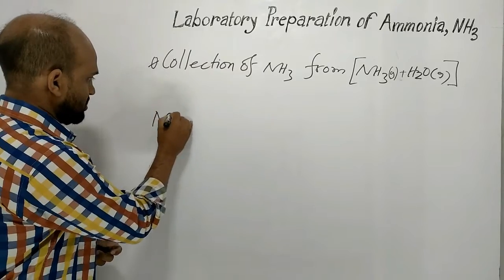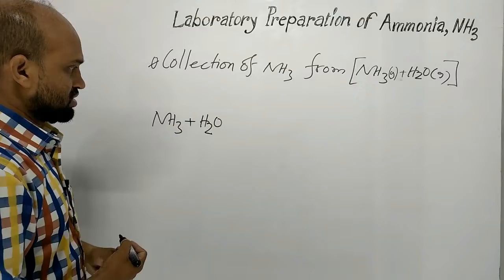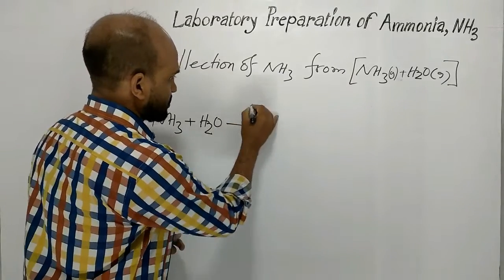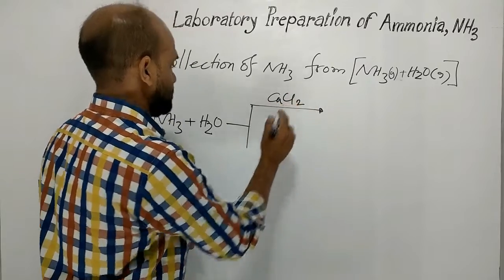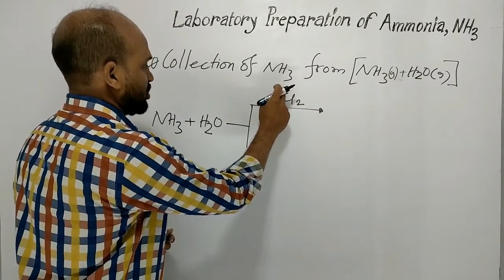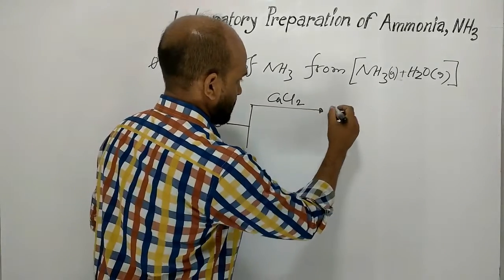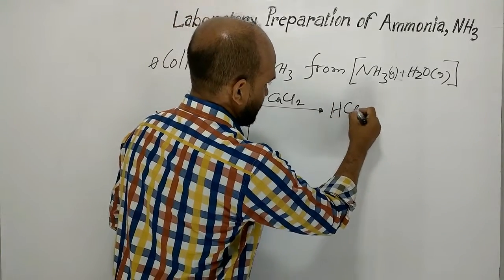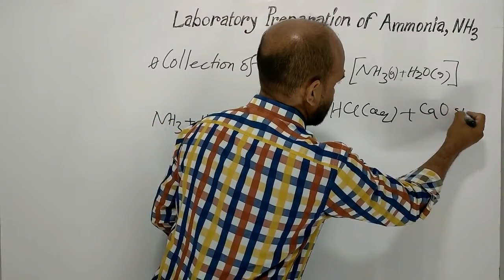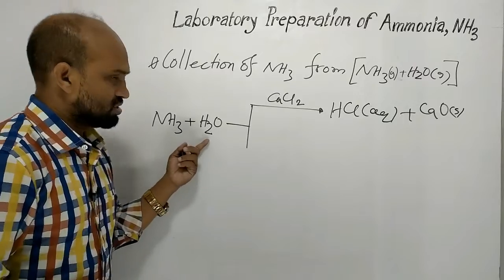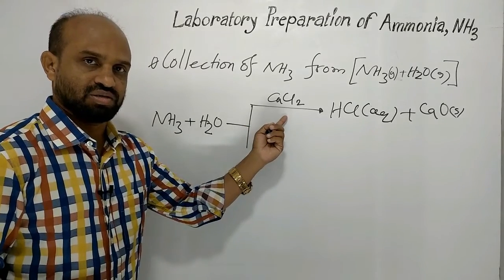When ammonia gas and water vapor is passed through calcium chloride, then calcium chloride reacts with water, and calcium oxide is formed. That is, water is separated by calcium chloride.